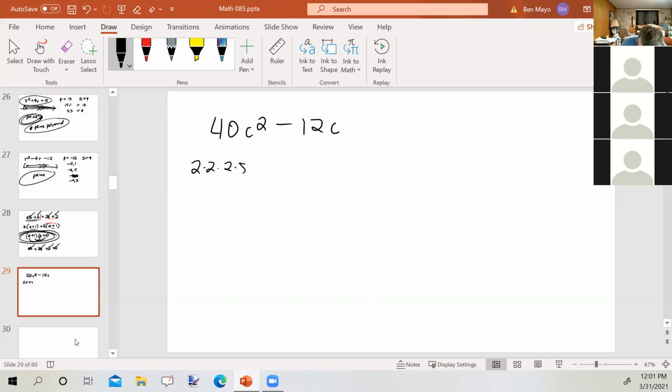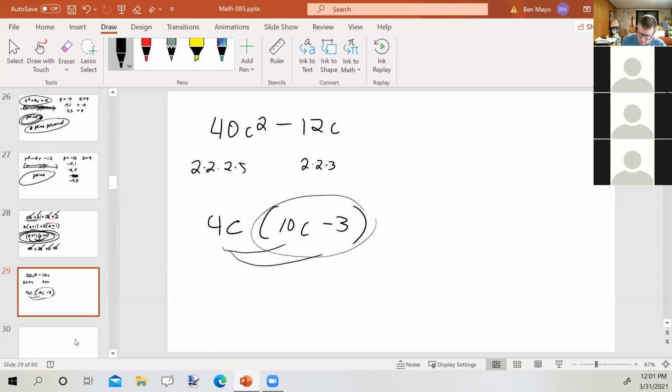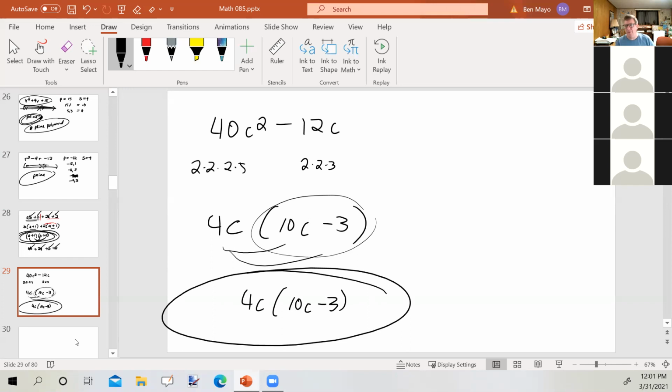And 12 is 2 times 2 times 3. I can take out a 4, but I can also take out a c, can't I? So 4c, which would give me 10c minus 3. That's 40c squared minus 12c. And there's no common factors here other than a 1. So 4c times the quantity 10c minus 3 would be the final answer.